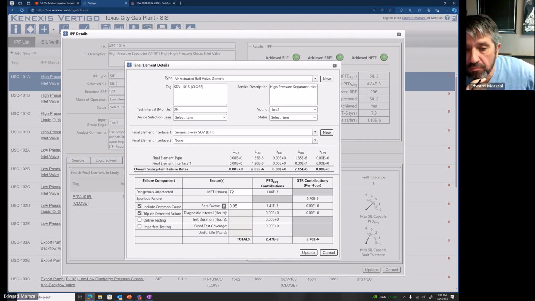How do you calculate the fact that the same SIF is used for several LOPs in the HAZOP? It doesn't change anything. Okay, let me explain. Everything that we've been talking about calculates the PFD for the safety function in isolation.